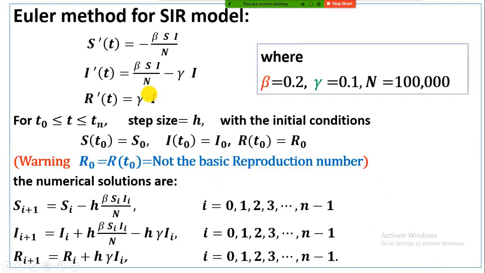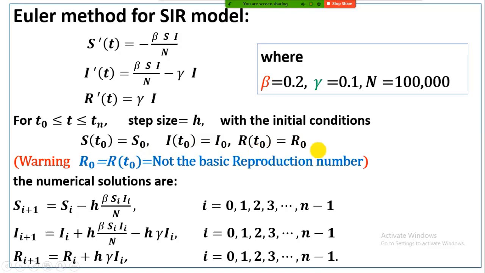To write the solution by Euler method for SIR model, let S naught be equal to S of t naught, the value of S of t at t equal to t naught. Similarly, I naught is equal to I of t naught and R naught is equal to R of t naught.